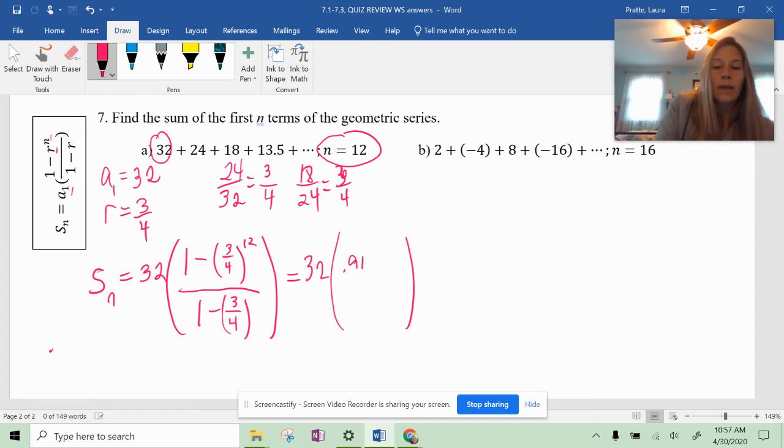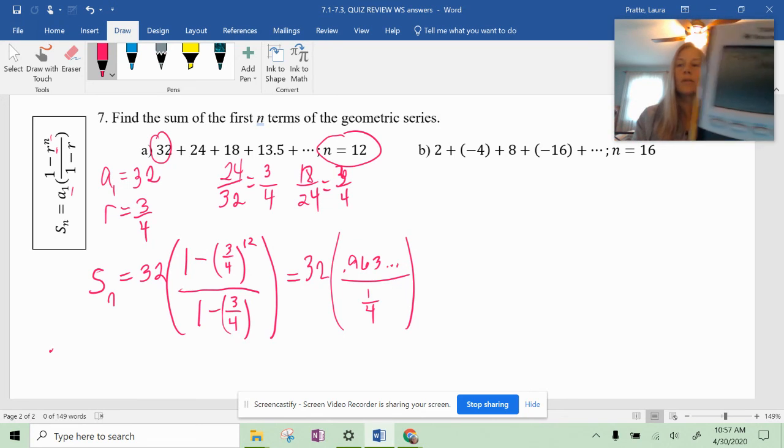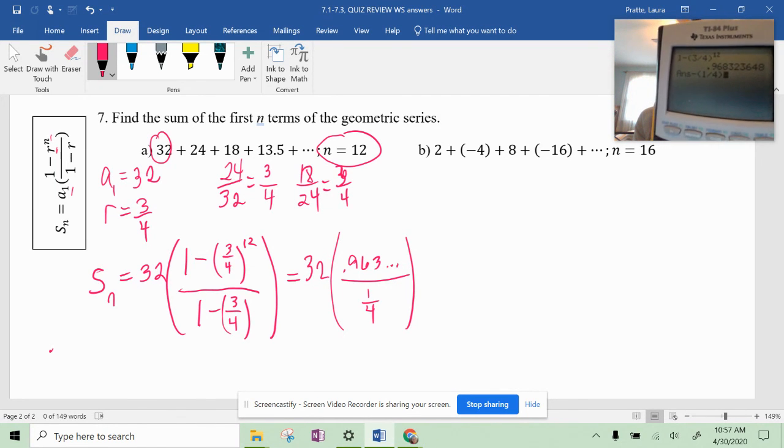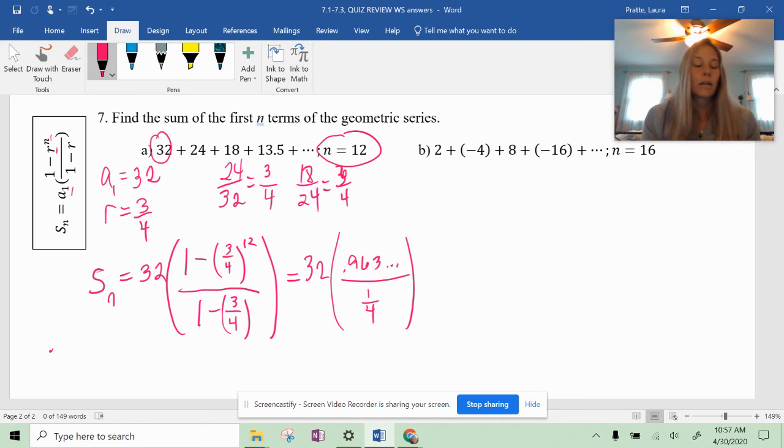So you're going to leave that there, and you're going to divide it by 1/4, because you probably could do 1 minus 3/4 in your head, right? So I'm going to leave this on my screen and I'm going to write divided by 1 divided by 4 in parentheses. If you want to do 0.25, since that's an exact decimal for that fraction, you could.